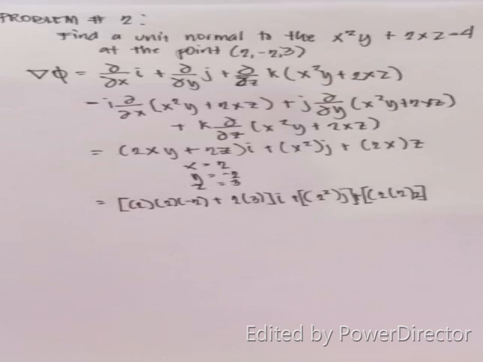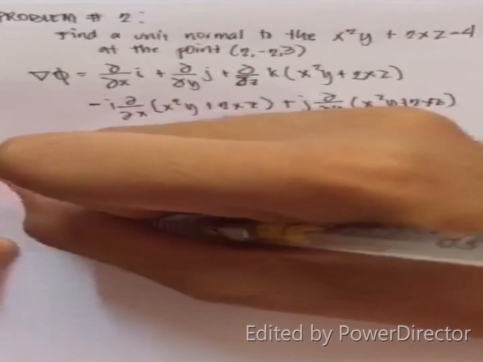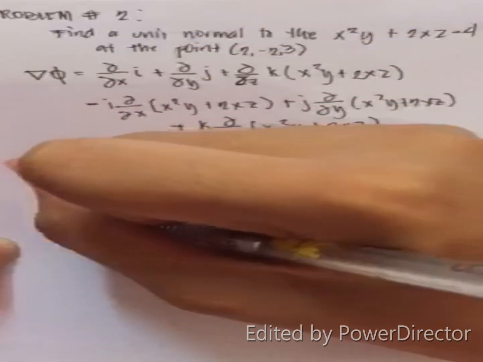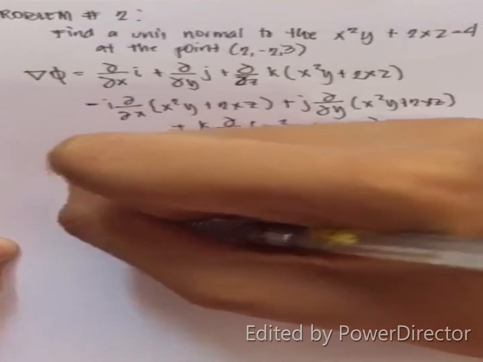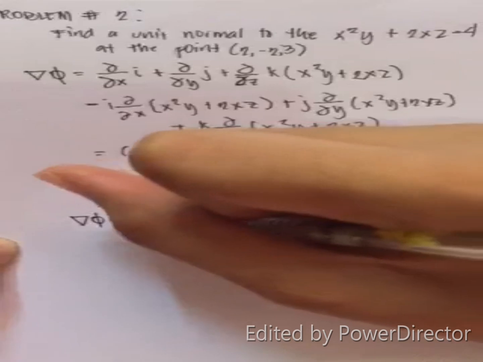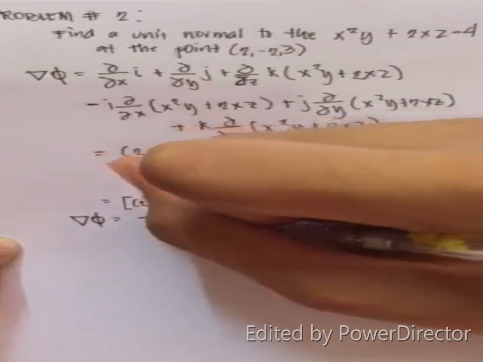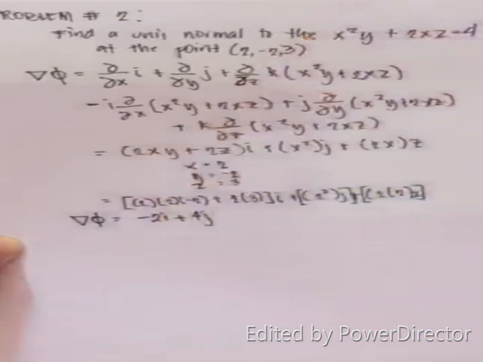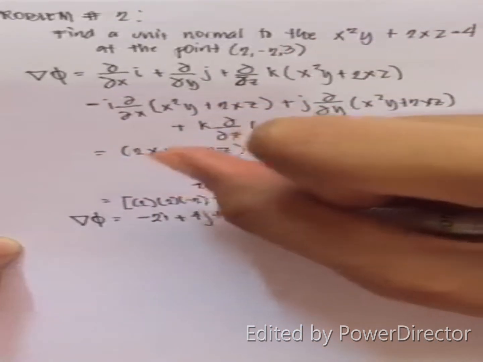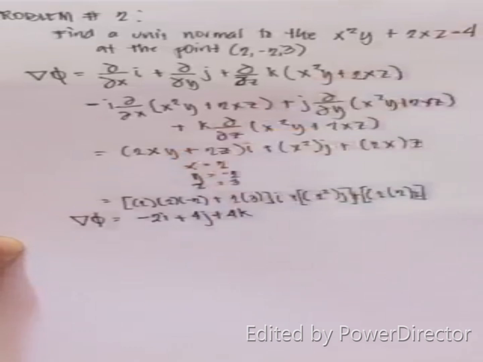After performing the operation, we arrive at this equation. So the gradient of the scalar field is equal to -2i plus 4j plus 4k.